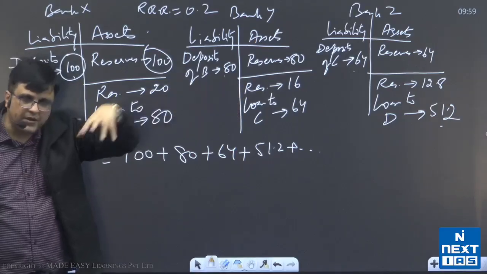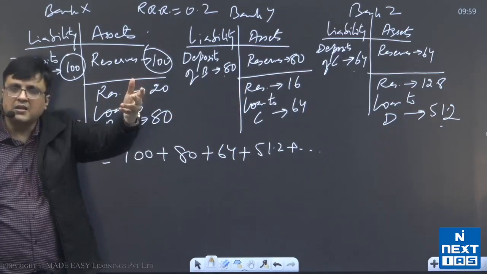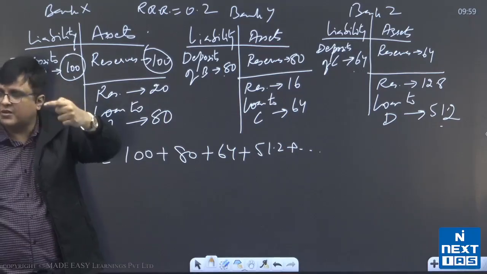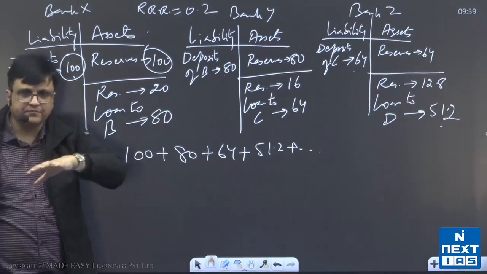Alright, so the banks are keeping a fraction, lending out the rest, and that becomes new deposit. So every new deposit adds further and further to money supply.